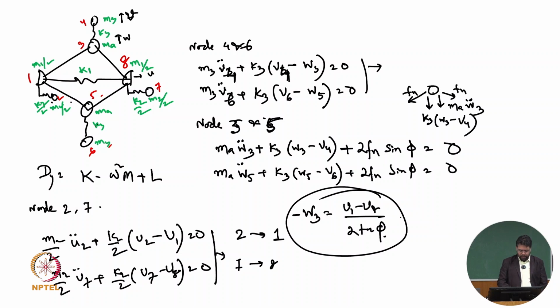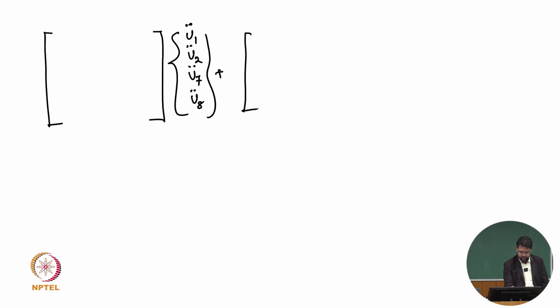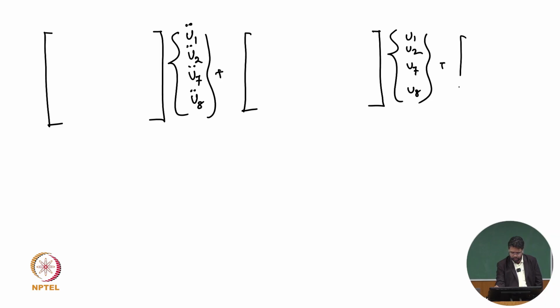So now with the help of all this, we can club everything and write our matrices, with u1, u2, u7, u8 double dot plus, so how should we place that?